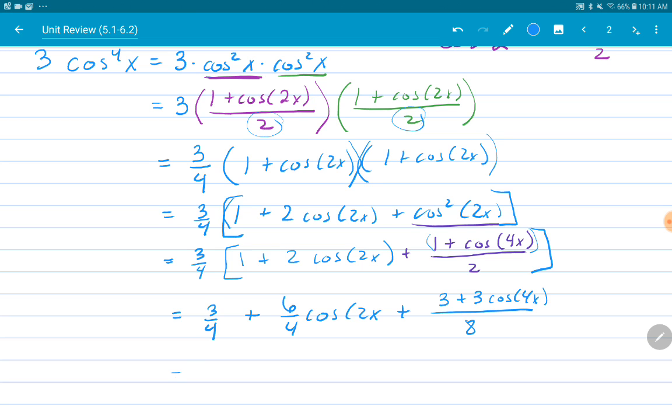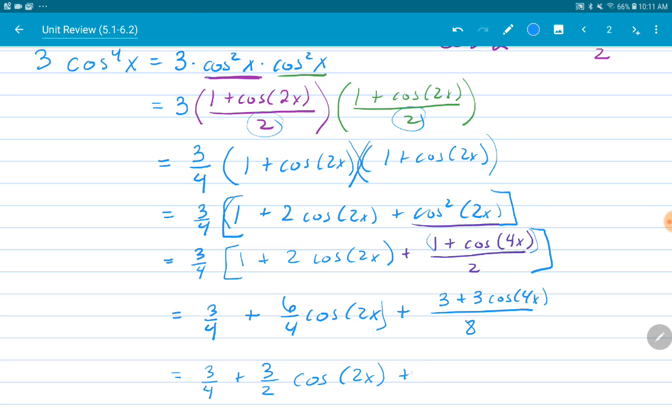Taking this a step further in simplification, let's see here. I will split this guy up, the last guy, and decompose that fraction. I'm going to write 6/4 is 3/2. Let's reduce that.